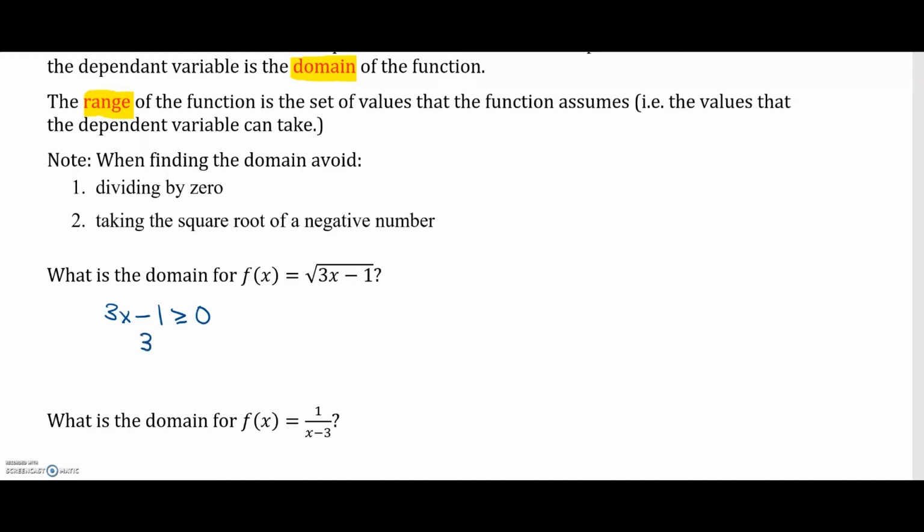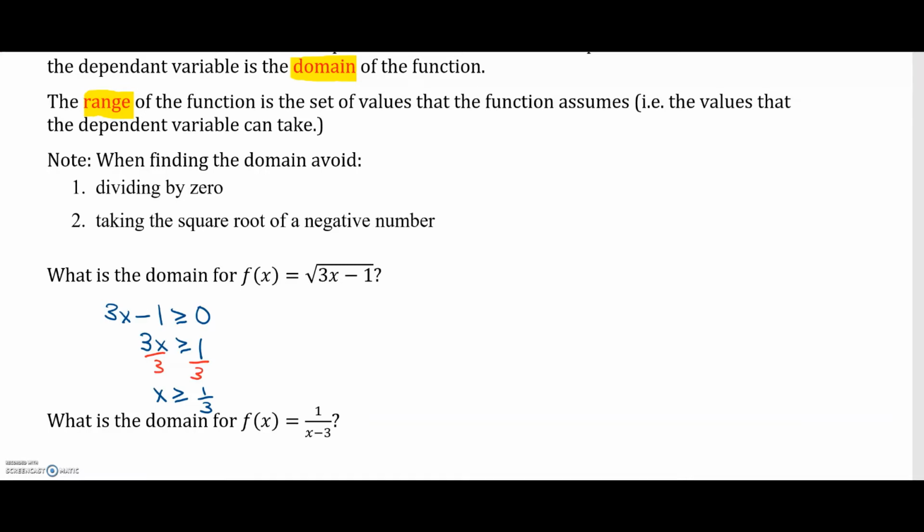If we solve for x, adding 1 to both sides, we get 3x is greater than or equal to 1. And lastly, we divide both sides by 3, and we find that x is greater than or equal to 1/3. So our domain is any real number greater than or equal to 1/3.